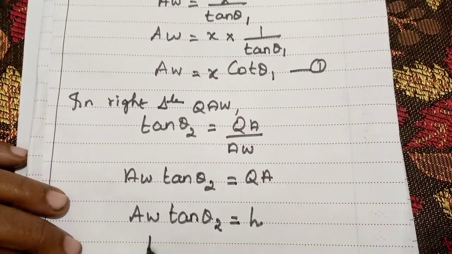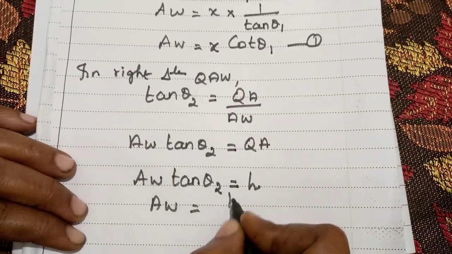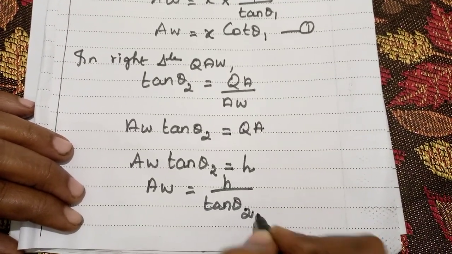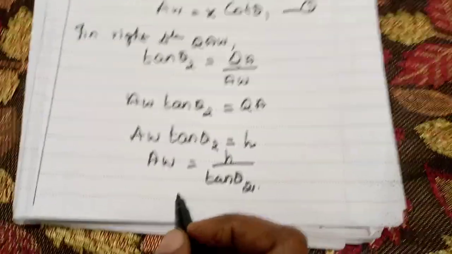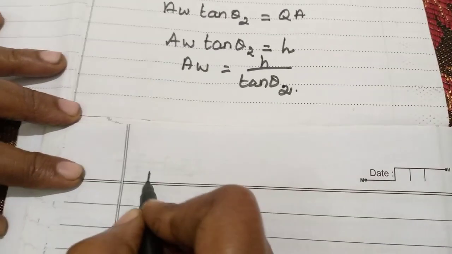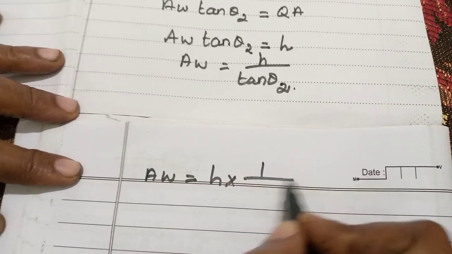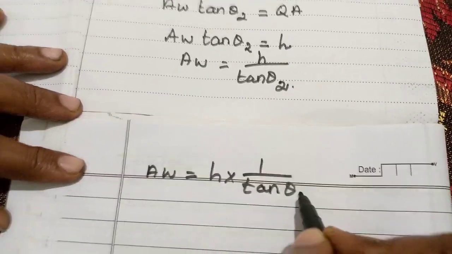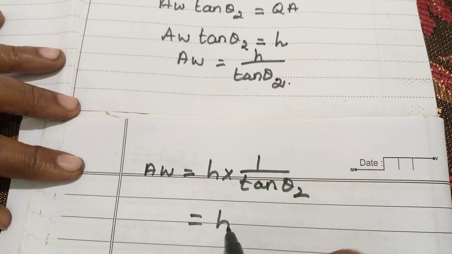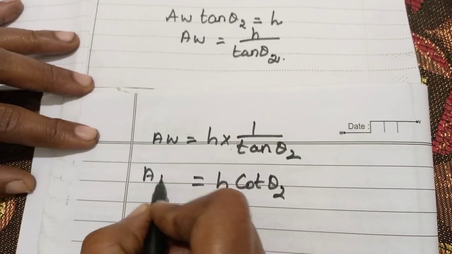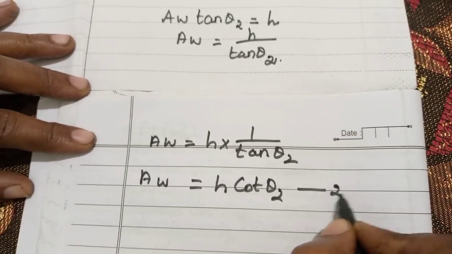From here AW is equal to height by tan theta 2, which is height into 1 by tan theta 2, that is equal to height into cot theta 2. So AW is this, equation number 2.